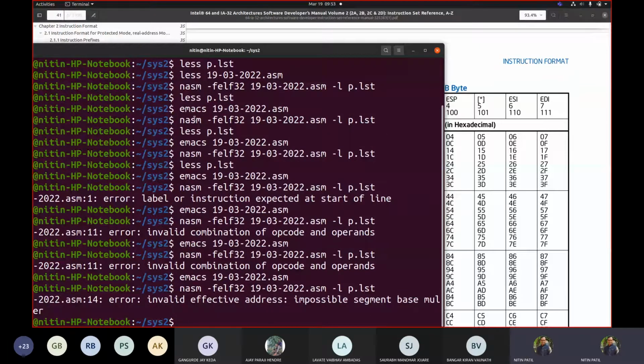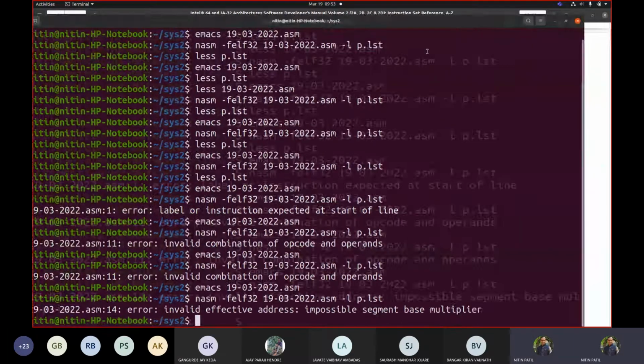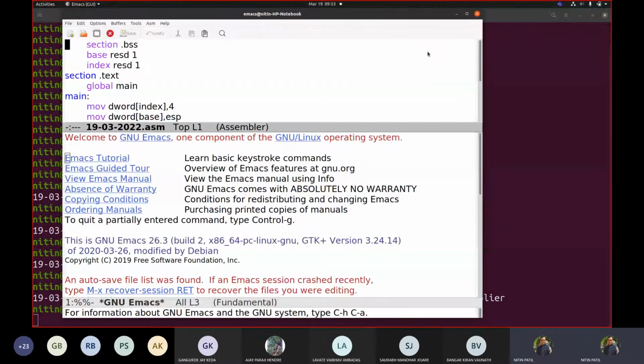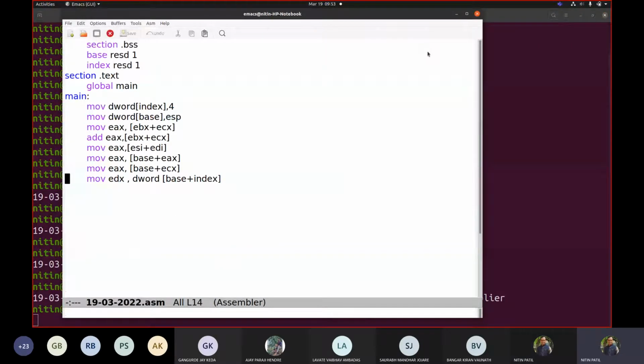Impossible segment based multiplier, I think. Yeah. So segment and base register was taken wrongly. That's what it is saying now, line number 14. So ultimately, it is not helping me this way too.